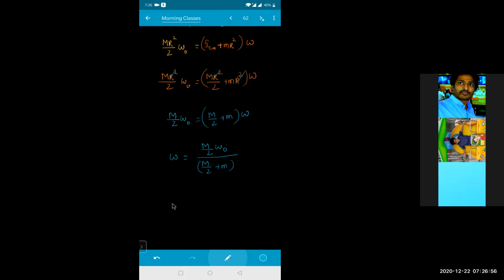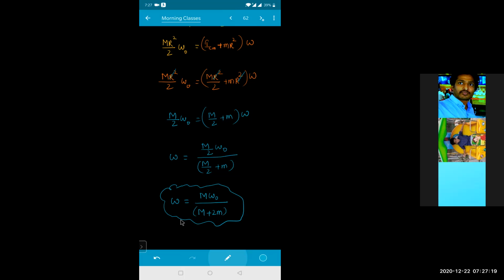So omega will become M into omega naught divided by capital M plus 2 times small m. This is the new angular velocity. I hope you got an idea.